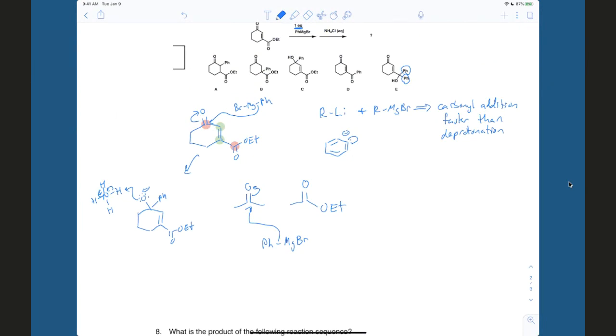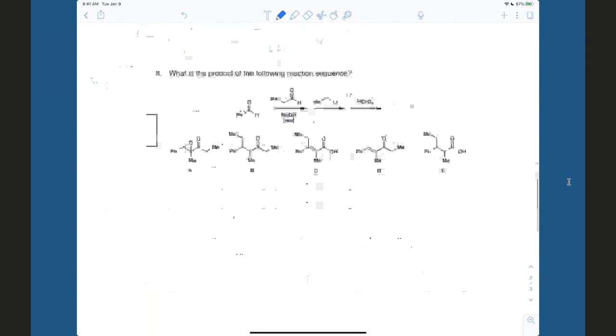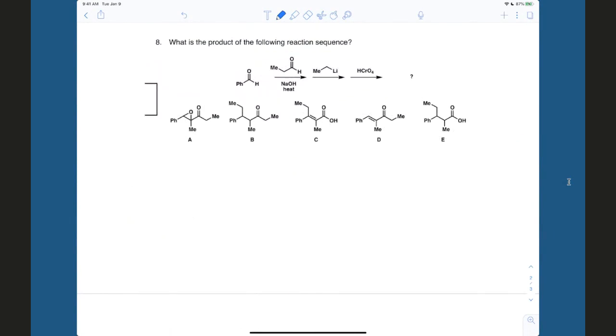All right. We'll be getting to the 10 series soon. I'm going to look at this number 8. All right, so what's this first reaction? We have 2 aldehydes, sodium hydroxide, and heat is around.